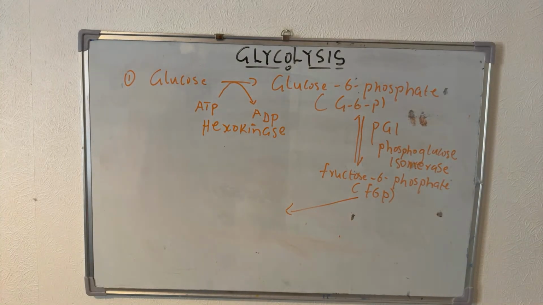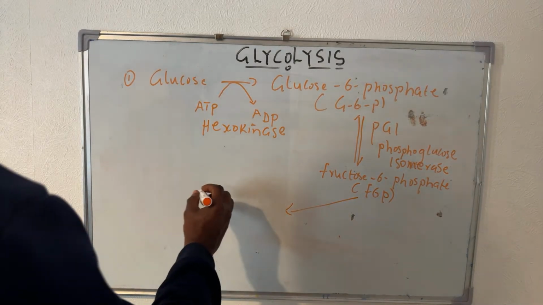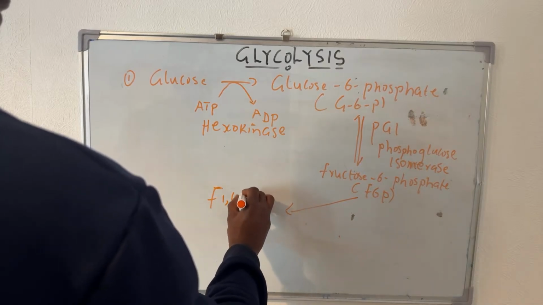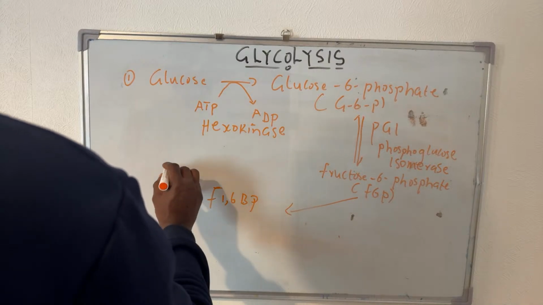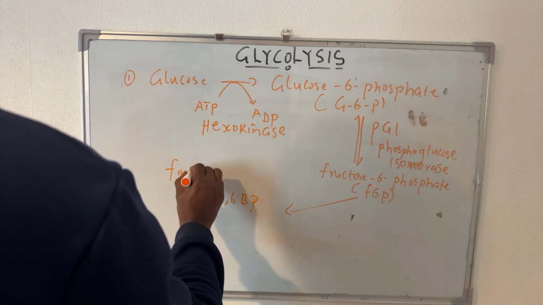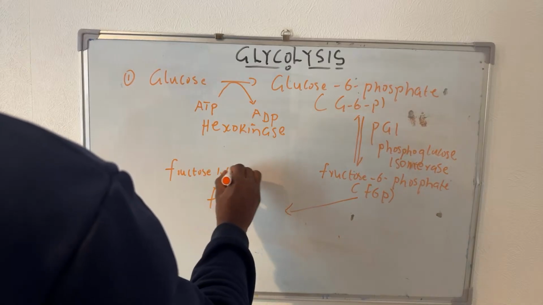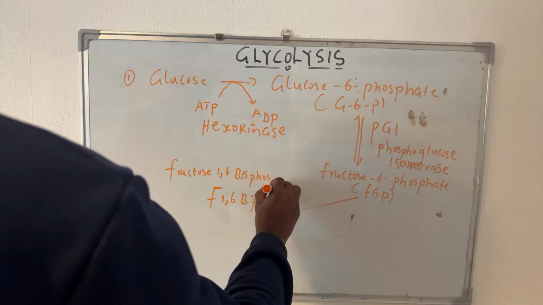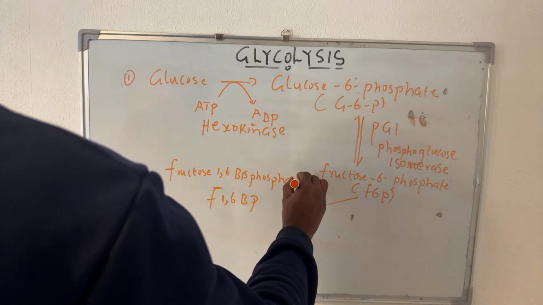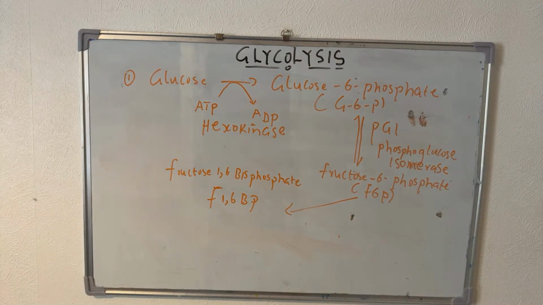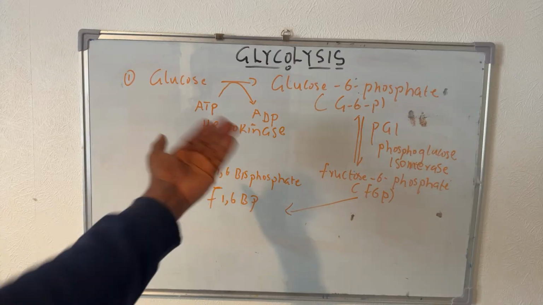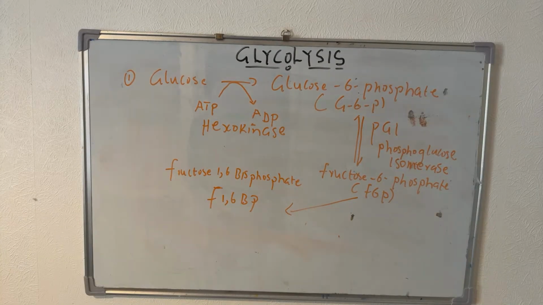Now, fructose 6-phosphate is converted into a high energy compound called F1,6BP, which is fructose 1,6-bisphosphate. It's important that we understand that it's not biphosphate, it's bis, a high energy compound.